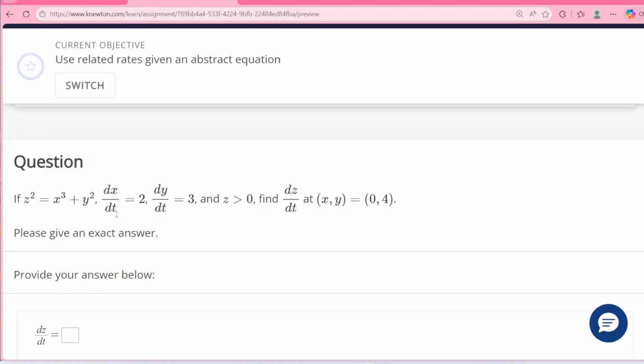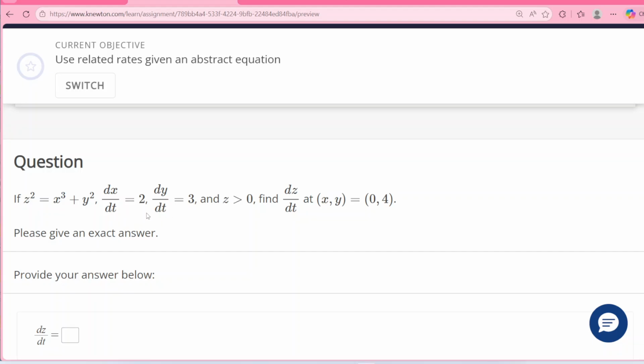So notice how the denominator, the independent variable, what you're taking the derivative with respect to, is t here, like in the previous problem with the area, length, and width. So here dx over dt is 2, dy dt is 3. Find dz dt at a particular point, at the point where x and y are 0 and 4.